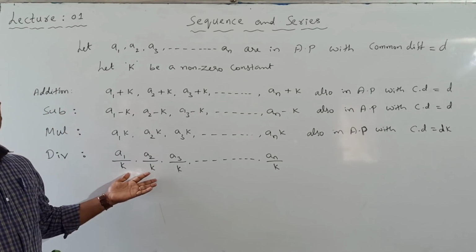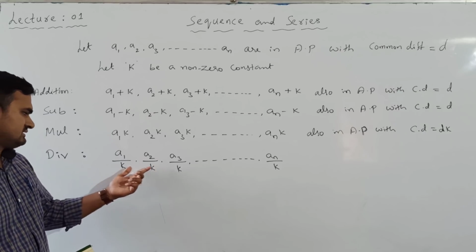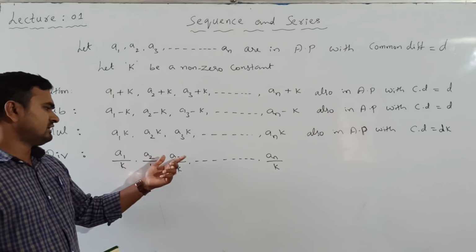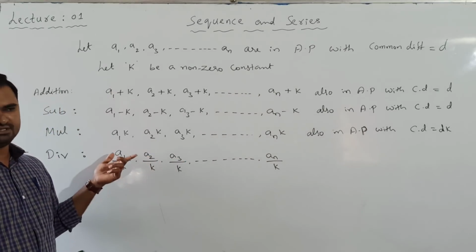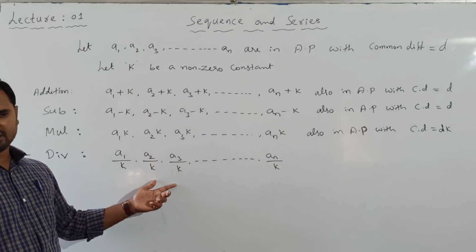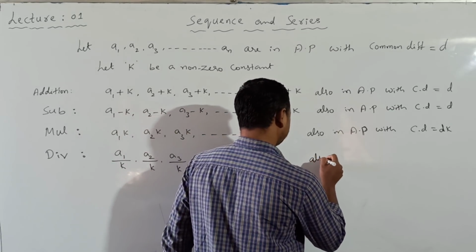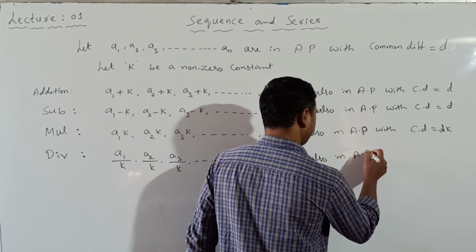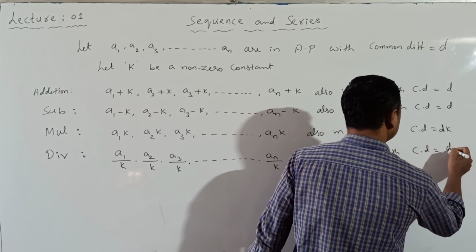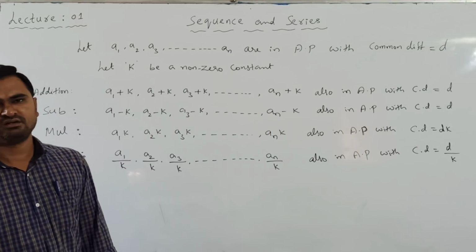Now this sequence of terms will again be in arithmetic progression, because we can see the difference: a2 minus a1 divided by k, a3 minus a2 divided by k, that is numerator d by k. Here also the difference is d by k. So the difference is the same, it will be in arithmetic progression. Now what about the common difference here? It is d by k. The common difference will be d by k.